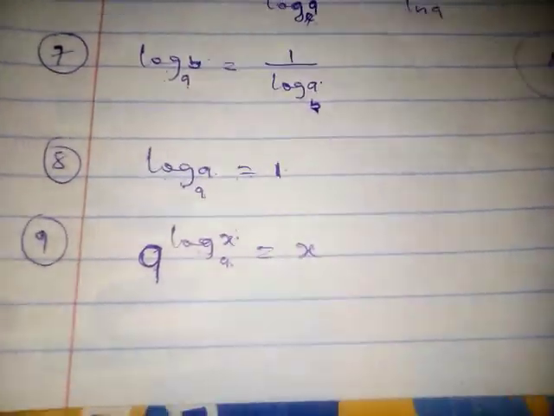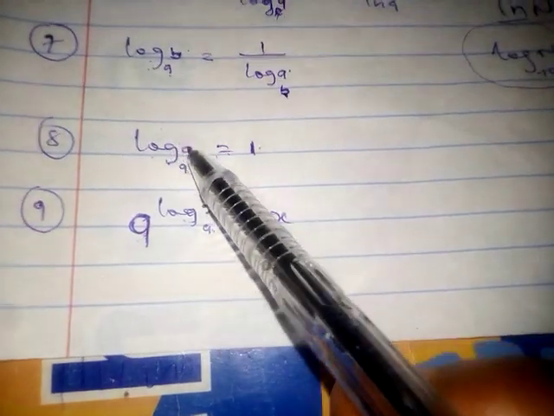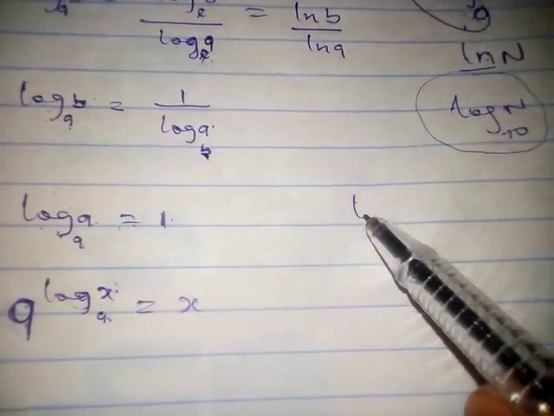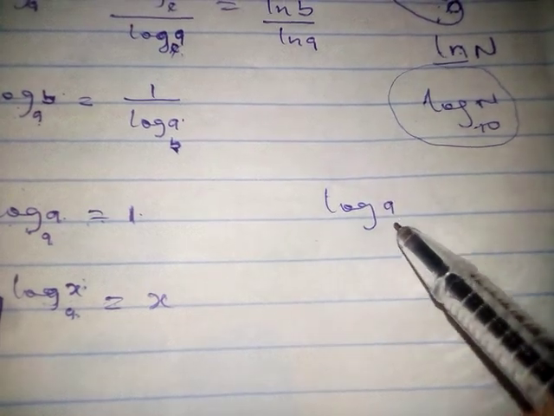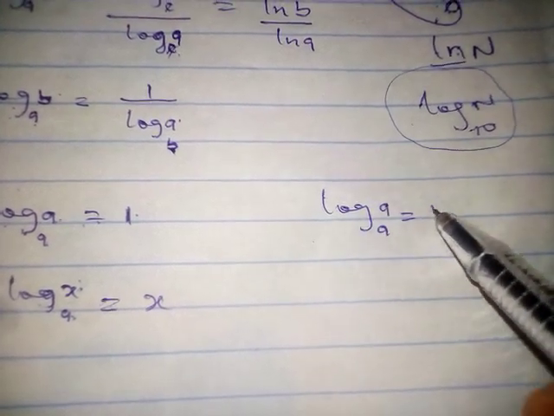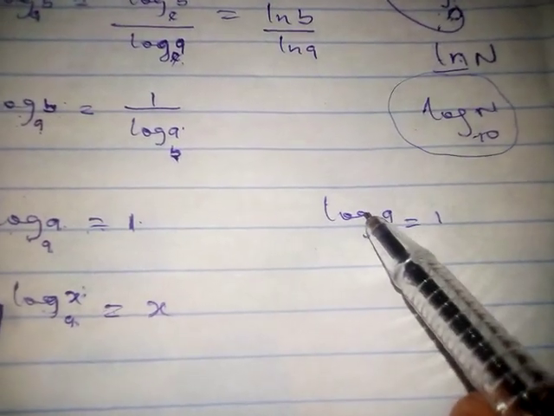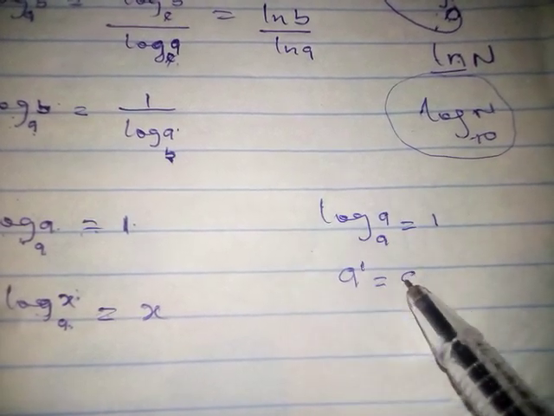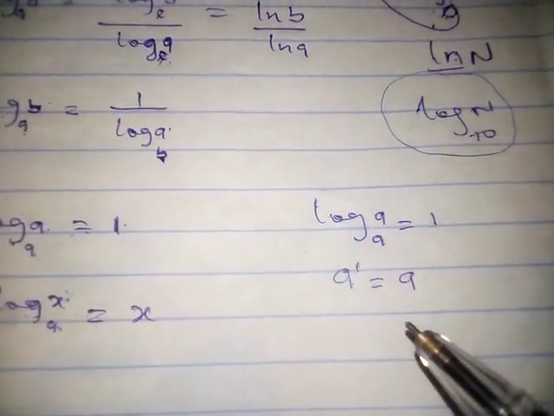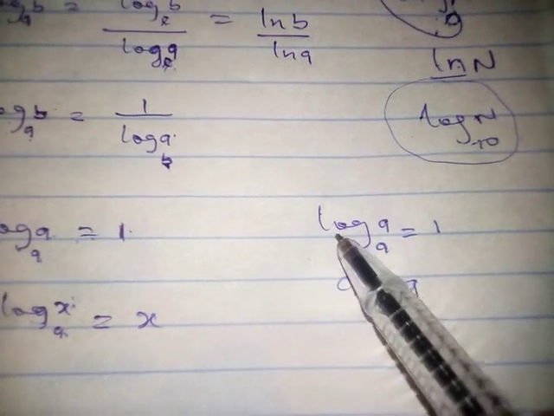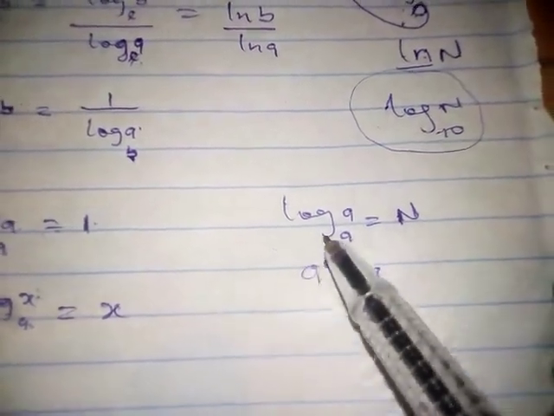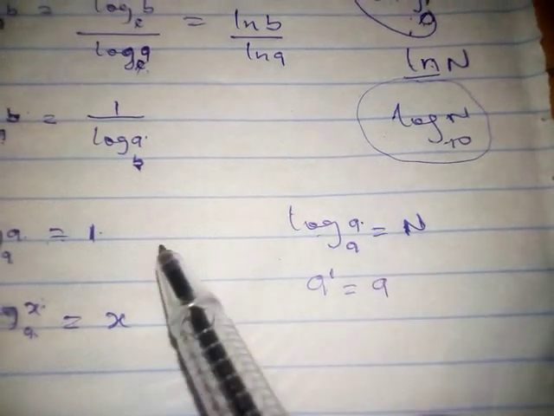Now if I want to prove this one using my relationship, I will say log a with base a is equal to 1. What's the relationship between logarithm and indices? a raised to the power of 1 is equal to a. Let me not put 1, let me put n, because we don't know if it's giving us 1.